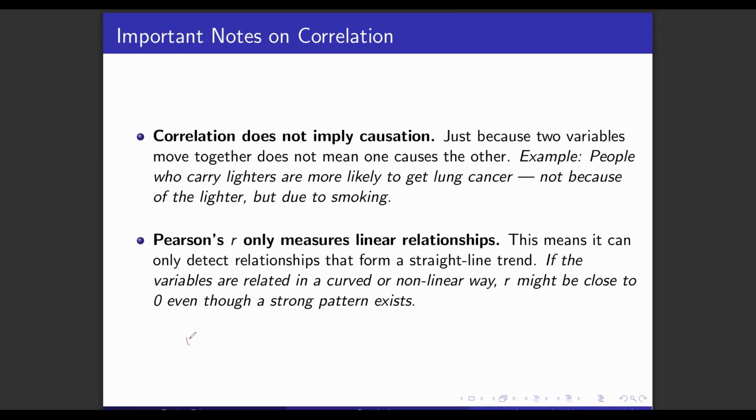So when you plot your data, you should see a straight line pattern, either like this or like that. If you see a curved kind of relationship, a curve like this, then you cannot use the Pearson's R to measure correlation. So it works only for straight line relationships.